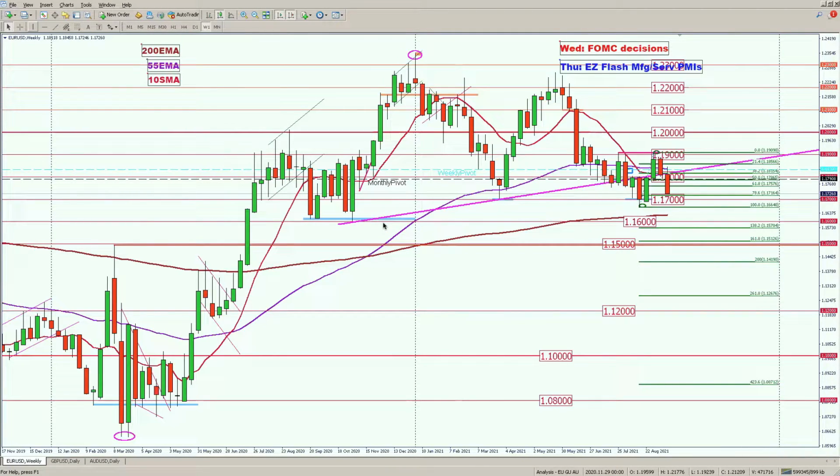That was way back in September, November last year, which aligns closely with the weekly 200 EMA.